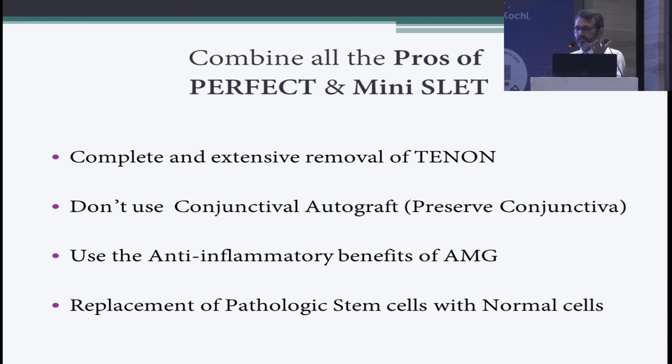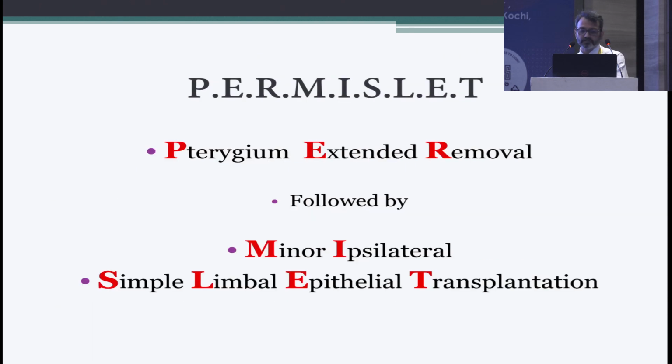Initially he thought he would do the perfect technique, because 2-3 previous surgeries were already done. But on examination he found that there was no conjunctiva left to harvest for such a major technique. So he tried to combine both techniques. He thought of using amniotic membrane graft instead of conjunctiva, and limbal stem cells. That is how this technique developed, and it is called PERMI-SLIT.